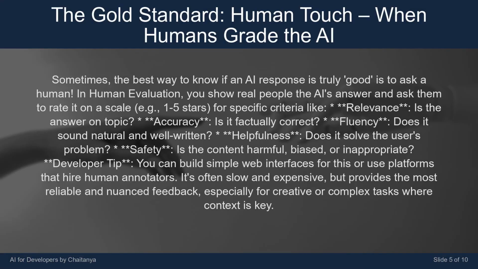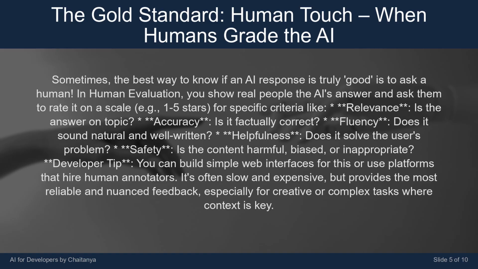Sometimes, the best way to know if an AI response is truly good is to ask a human. In human evaluation, you show real people the AI's answer and ask them to rate it on a scale, e.g., 1 to 5 stars, for specific criteria like relevance. Is the answer on topic? Accuracy. Is it factually correct? Fluency.